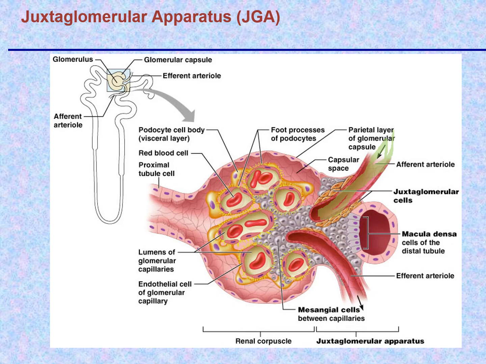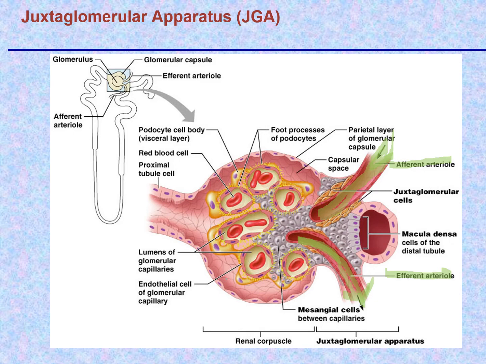In a photomicrograph, you would see many, many more cross sections of the glomerulus. There's the outflow from the glomerulus, the efferent arteriole, showing the flow outwards. This is flow inwards, the afferent arteriole.